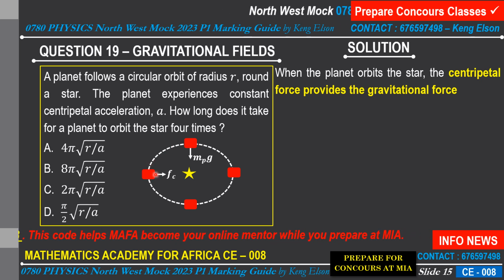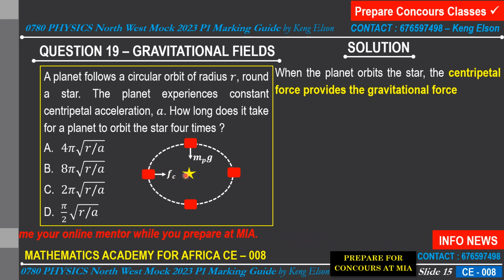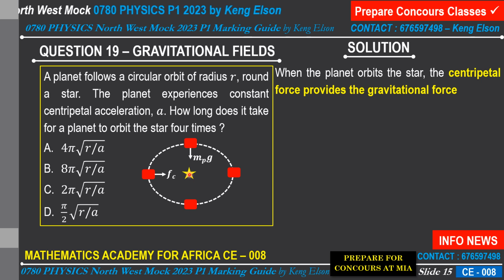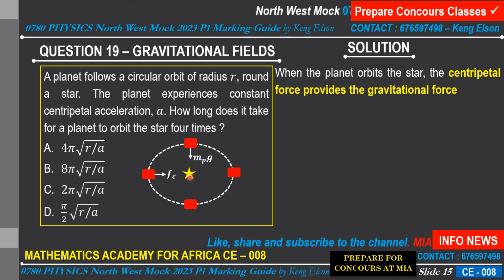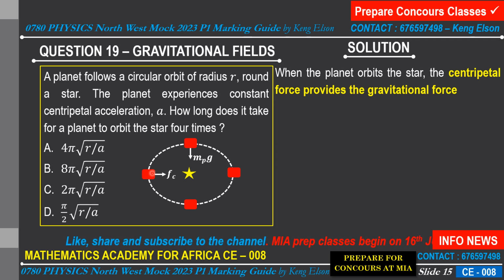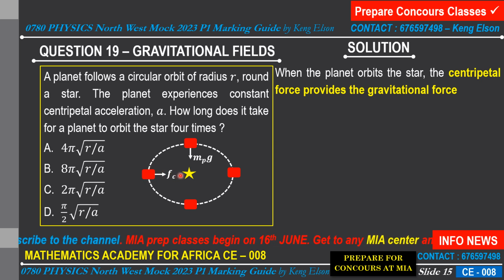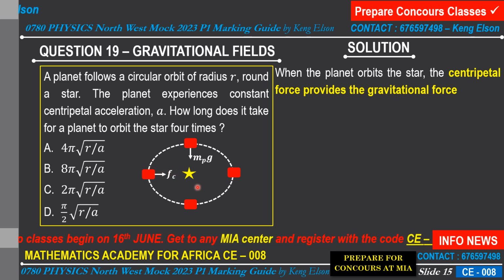And since it is pointing towards the star, it has to be equal to the centripetal force. It depends on which one is massive. I think the planet has to be massive, so we are going to have a gravitational force pointing towards the planet, but the centripetal force is pointing towards the star, so they are going to balance each other.